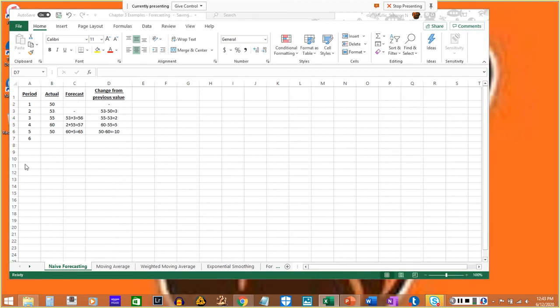In order to get the forecast, you add the actual number from the previous period to whatever the change is from the previous period's value. So that's how you calculate that. You will need to know how to do this for the current event assignment.